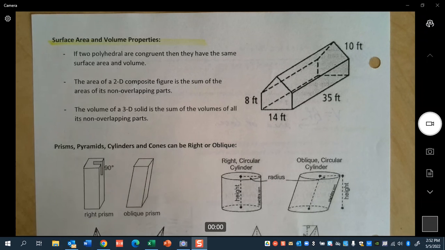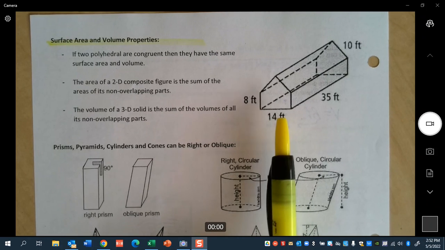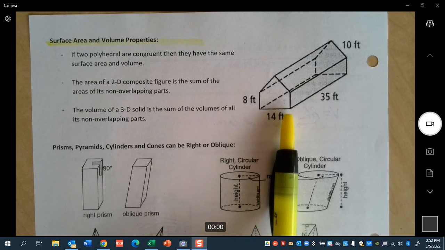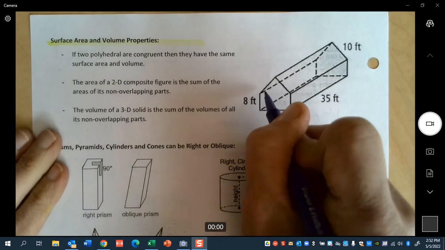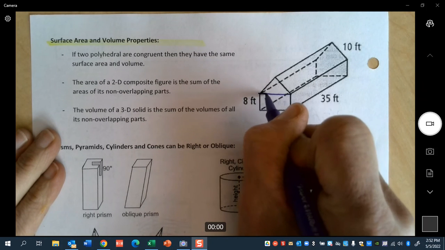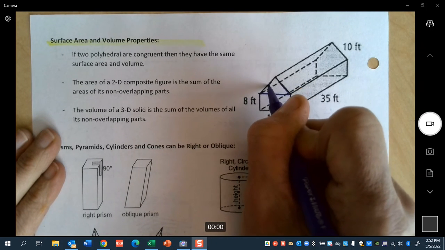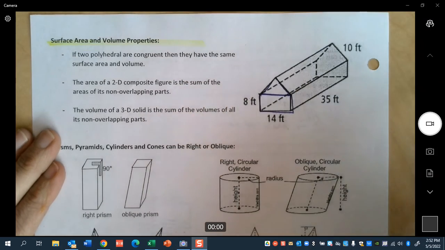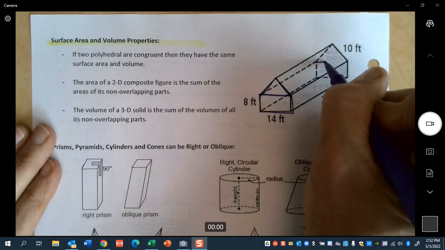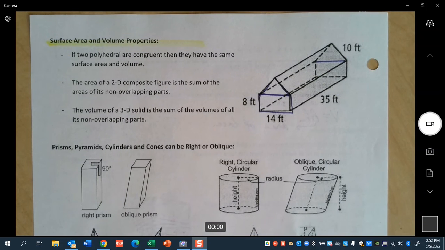So if you have something like this, where you don't have a formula, you can find the area of all the different pieces. You can find the area of this triangle, the area of this rectangle, and all of these non-overlapping parts, and you're good to go.